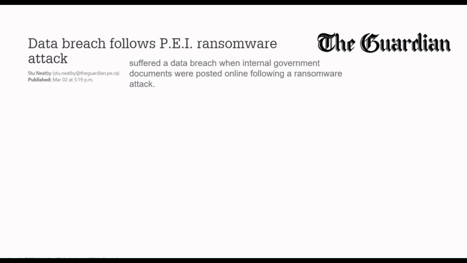And to give you also an indication, here is some information that has been published in the media from Canada. Because no one is safe from ransomware, the first one here, on March 2nd, 2020, is the data breach from a ransomware attack, where government documents were posted online following the attack.